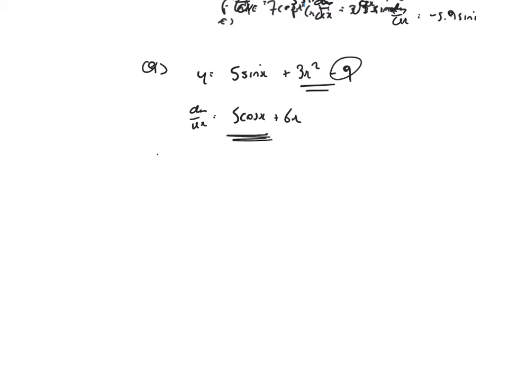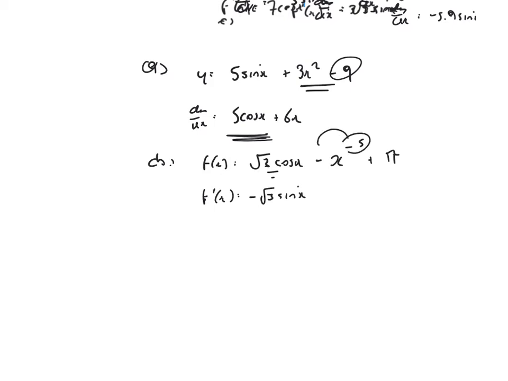Final answer. Okay, next one, f of x equals root 3 cos x minus x to the minus 5 plus pi. Okay, so you differentiate cos, you get minus sin, minus root 3 sin x.